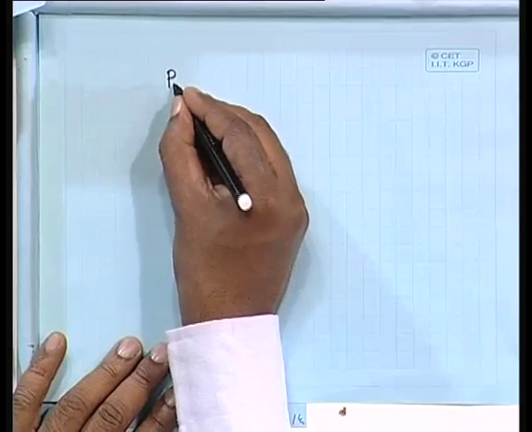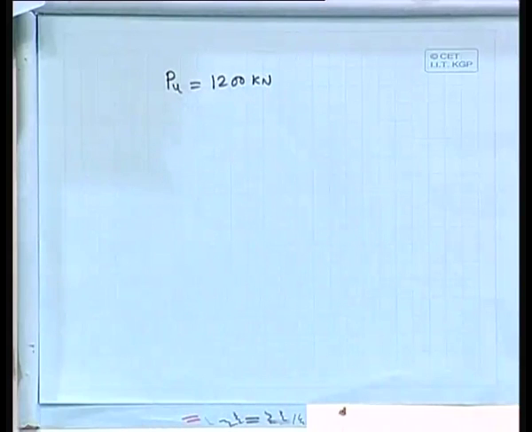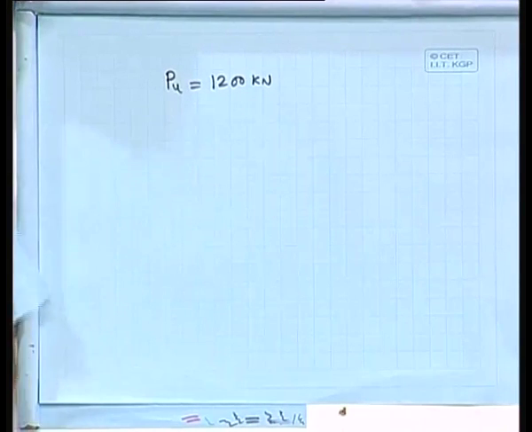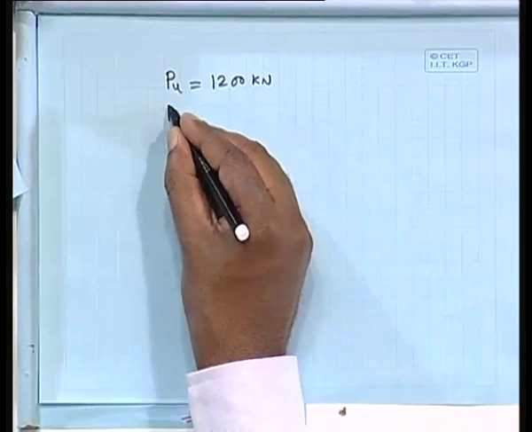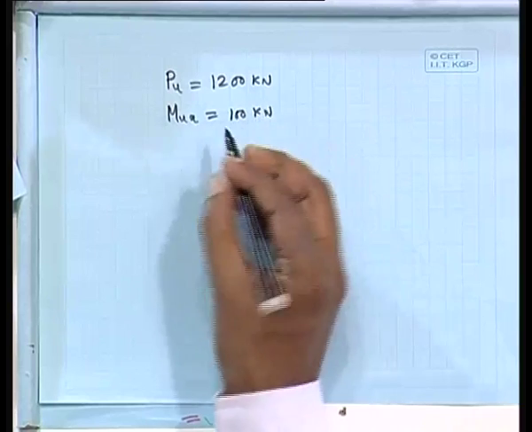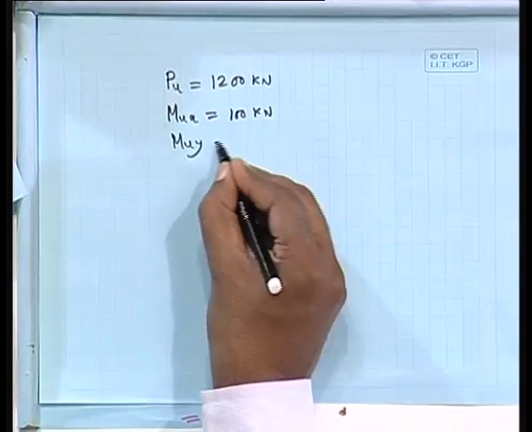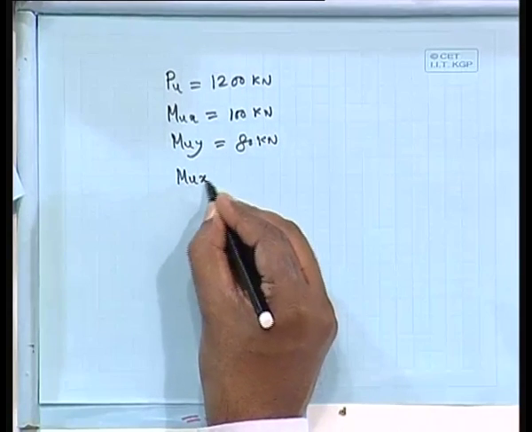So what we shall do here, let me come to that portion where I have missed those values. Yes. PU equal to 1200 kilonewton, MUX equal to 100 kilonewton meter, MUY equal to 80 kilonewton meter, MUX1.